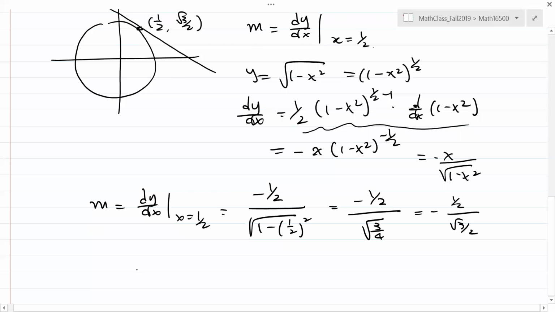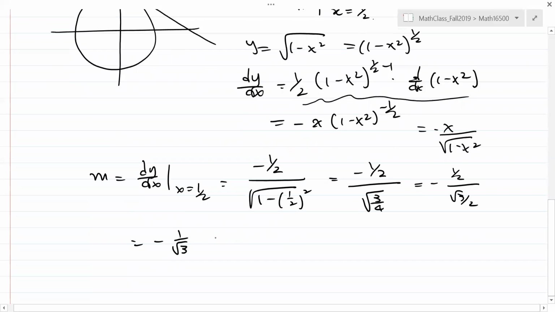The answer will be negative 1 over square root of 3. Now, usually we rationalize the denominator, so you get this. So either way, it doesn't matter. But that's traditional. In the denominator, we always write it without the radicals. Okay, so that's the slope. It's negative. It matches with what we see. Okay, so this is the answer.